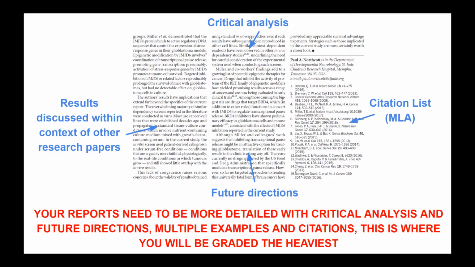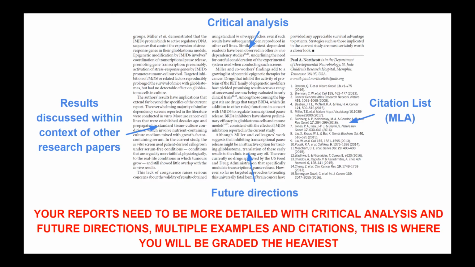Remember, the point of the final assignment is to prove to us how smart you are, and that will earn you an A. And the way you show us how smart you are is by showing us how well you know the paper you've chosen and other literature relevant to that topic.